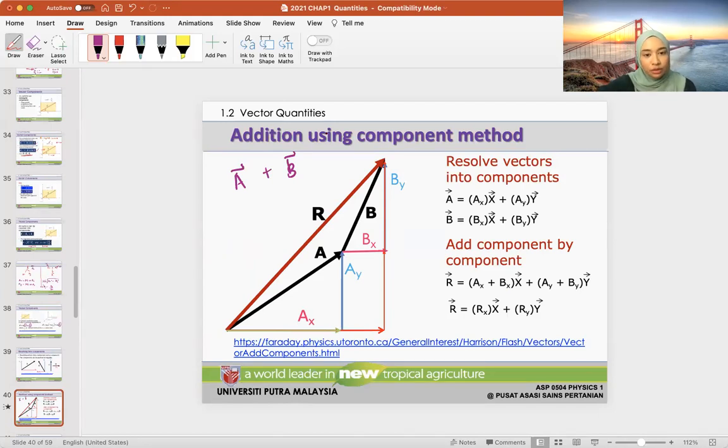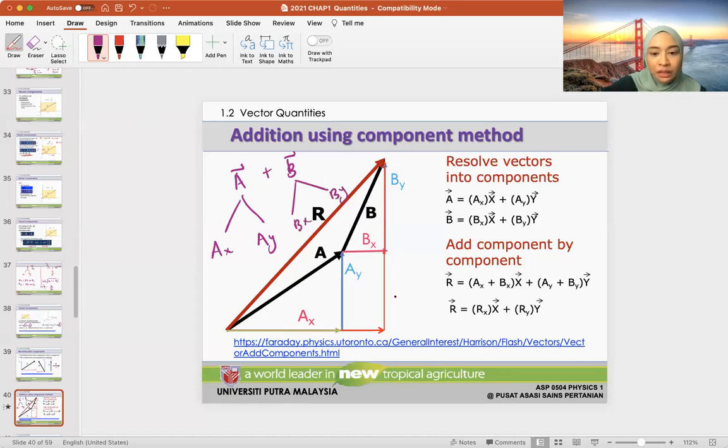I want to use the component method. So what do I do if I want to add vectors? Basically, you have to find the AX and the AY components, and find the BX and the BY components.